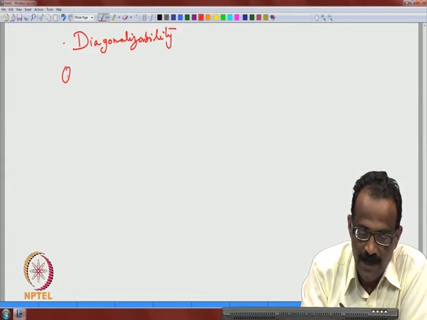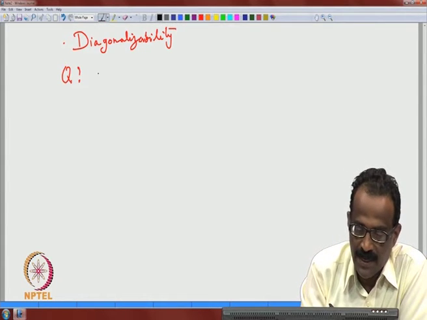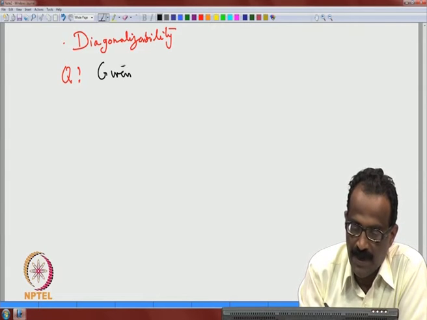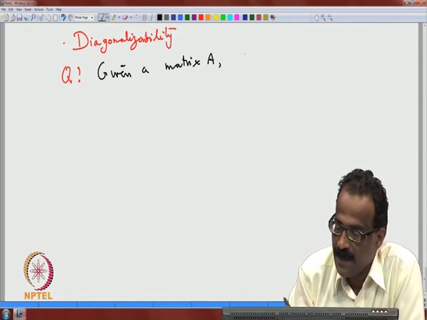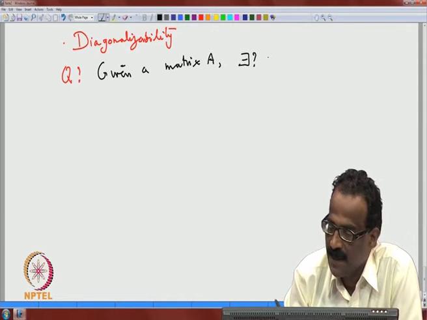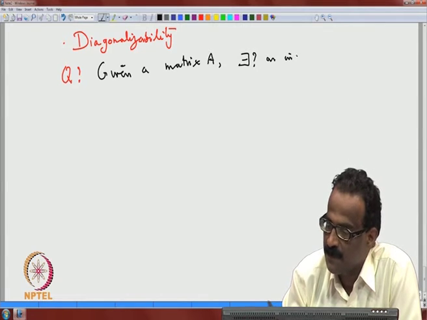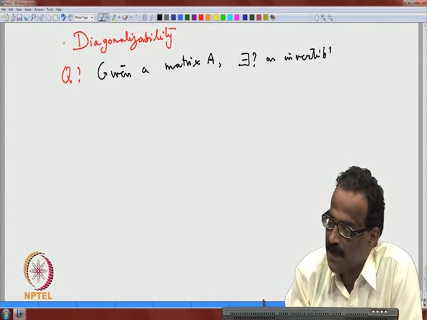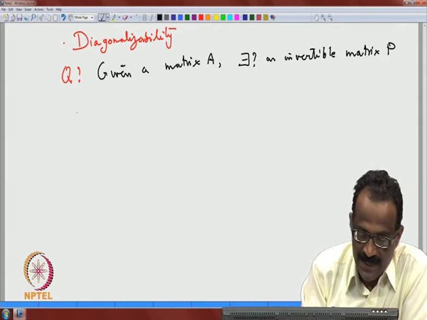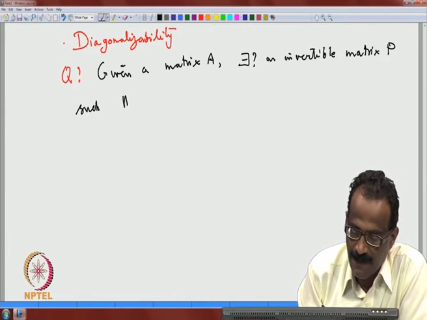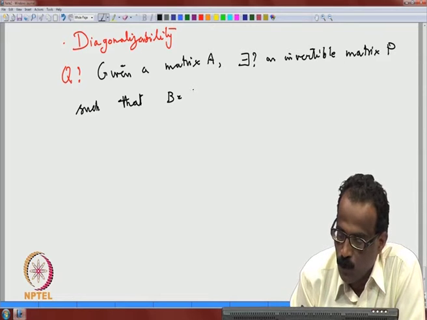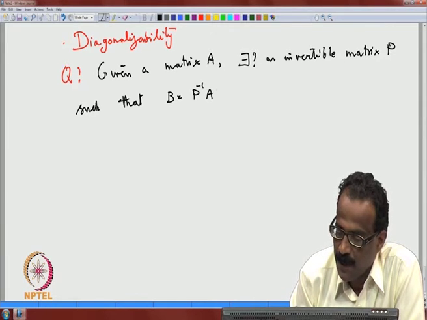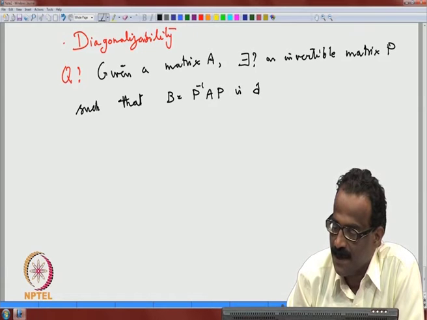So the question is: given a matrix A, does there exist an invertible matrix P such that B equal to P inverse A P is diagonal?